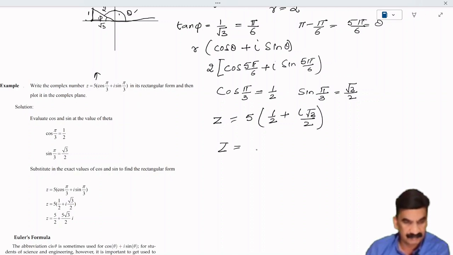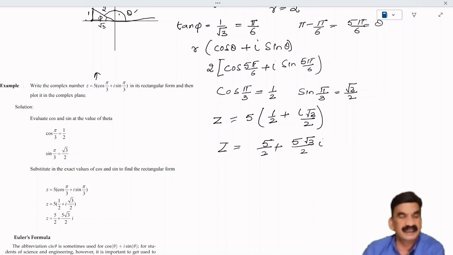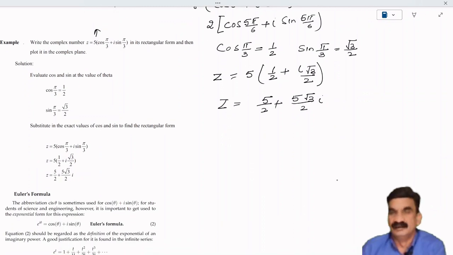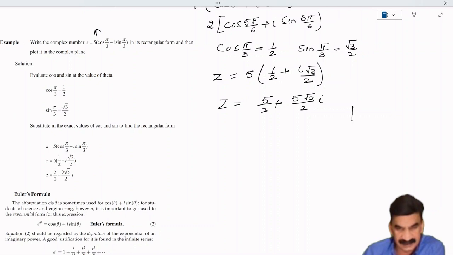This will become 5 by 2 plus 5 root 3 by 2 times i. This is the notation in the Cartesian form. I'm so sorry. I'll take one more example so that you'll have clarity as to what we're talking about. So this is 9 and then this is a line.